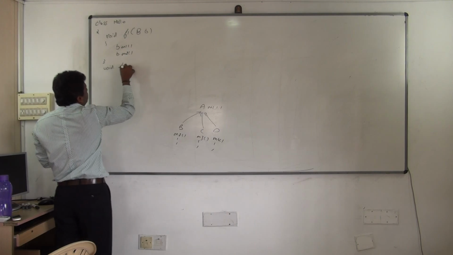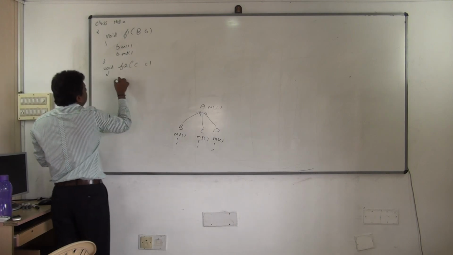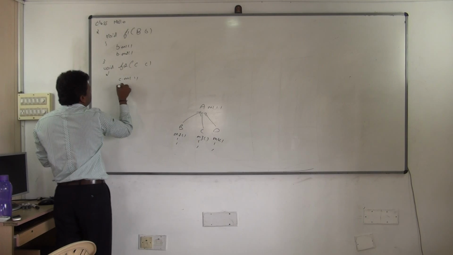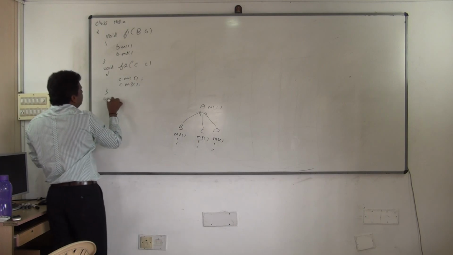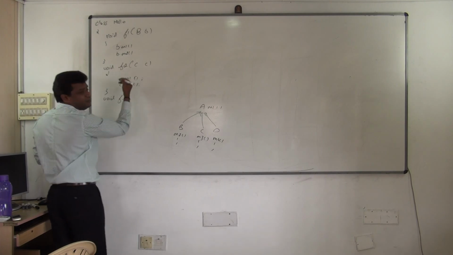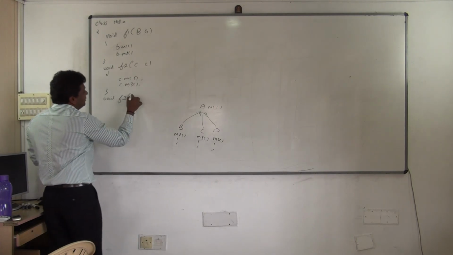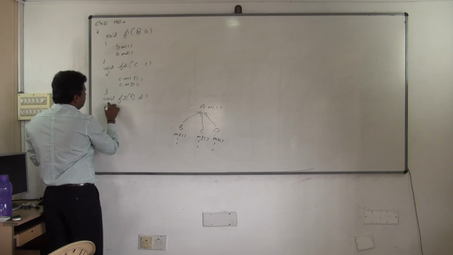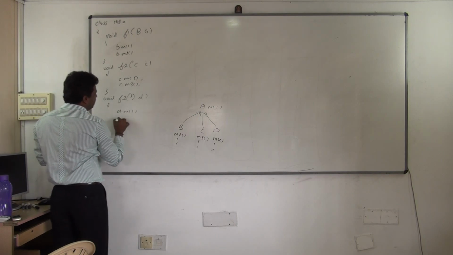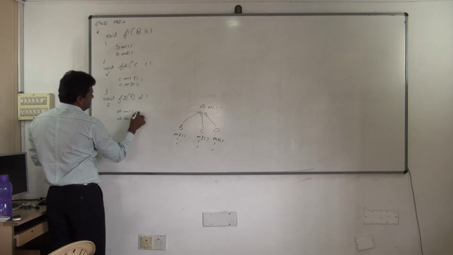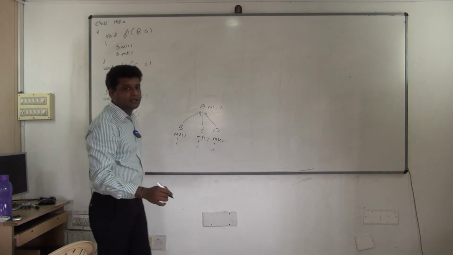Void F2. C dot M1 I'll call, C dot M3 I'll call. Void F3. F1 means function 1, function 2, function 3. D dot M1, D dot M4. So this is the class you are writing.